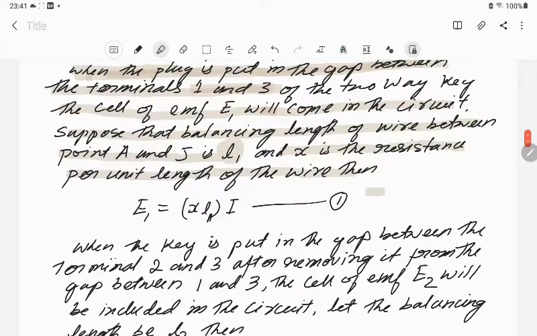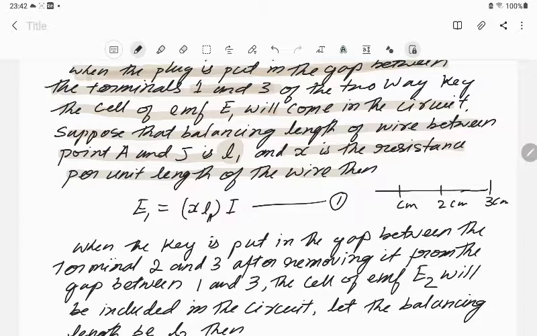That means per unit length, one length. Suppose if we measure in centimeter, 1 centimeter, 2 centimeter, 3 centimeter.